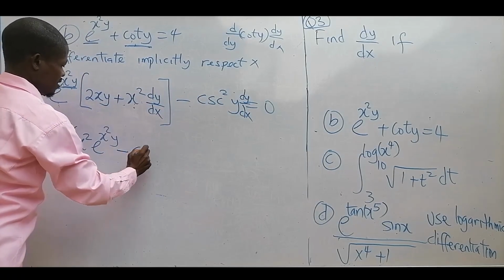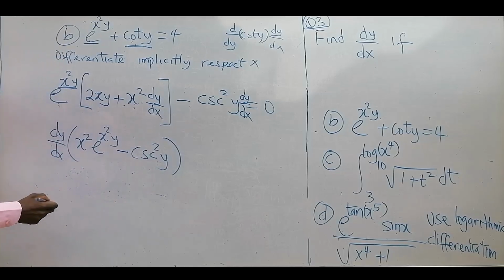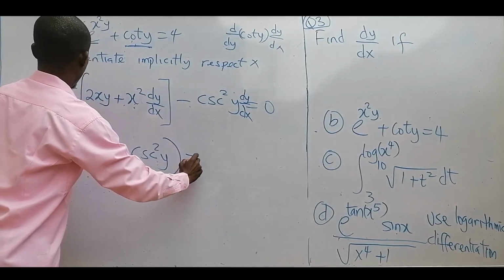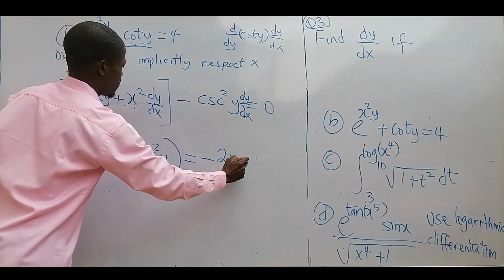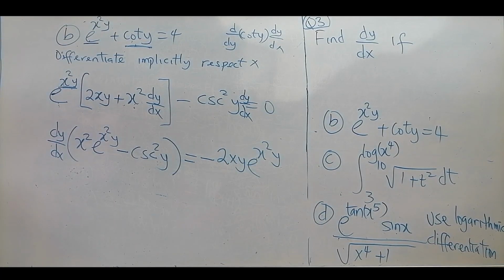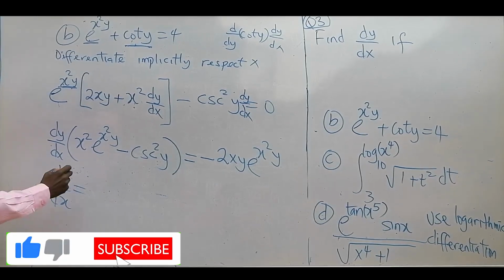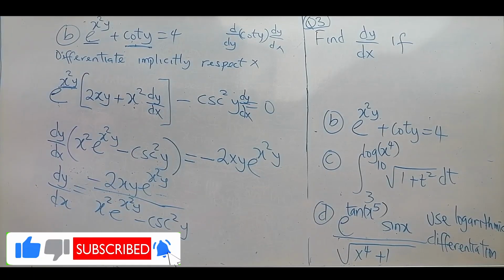So minus csc squared. Then you close the brackets. Then you move this one to the other side, and that will be equal to negative this function. That's what we have now. On the final note on this question, just make dy/dx the subject, and then you have this. So that's that on the B part.